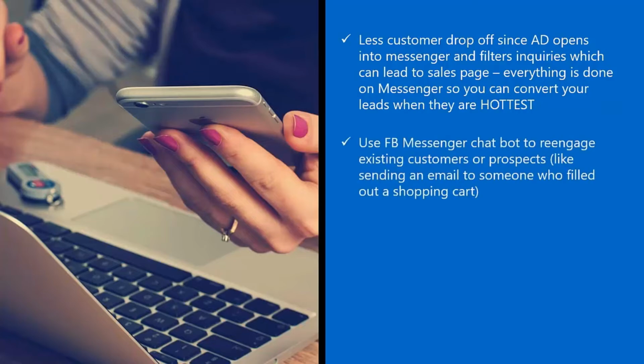Use an FB Messenger chatbot to re-engage existing customers or prospects, like sending an email to someone who abandoned a shopping cart. More direct. Inbound. Event-specific. All these factors add to increased value and qualification of prospects and increase the chances of conversion tremendously. All these factors also increase chances of brand equity building quite a bit.